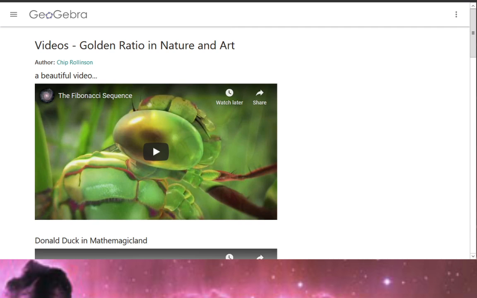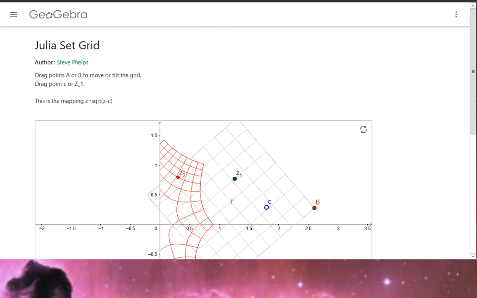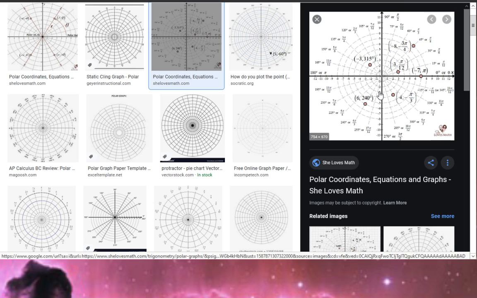If we go back to the polar graph, if we look at the number of pi, we can see the value of the degrees. Zero degrees is on the right, 180 degrees is on the left, 270 is at the bottom, 90 is at the top.